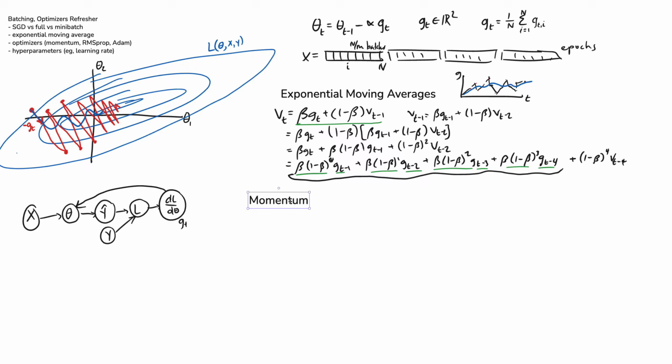Okay. So momentum is an optimizer. So this is like a naive gradient descent optimizer. It's an optimizer, but it's very simple. And momentum is a step up in complexity.